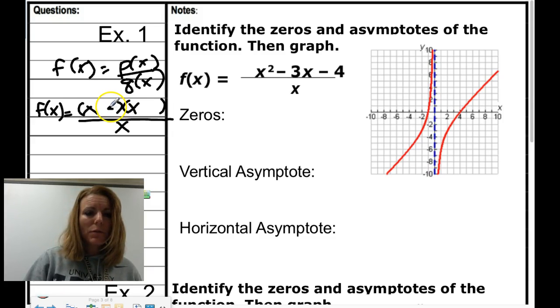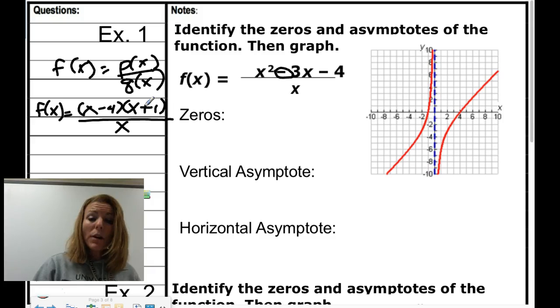So I think I have to do 4 and 1. They have to multiply to a -4, so one's negative, one's positive. And remember, we give the negative to the bigger number. So -4 times 1 is -4, and -4 plus 1 is -3. We are done.